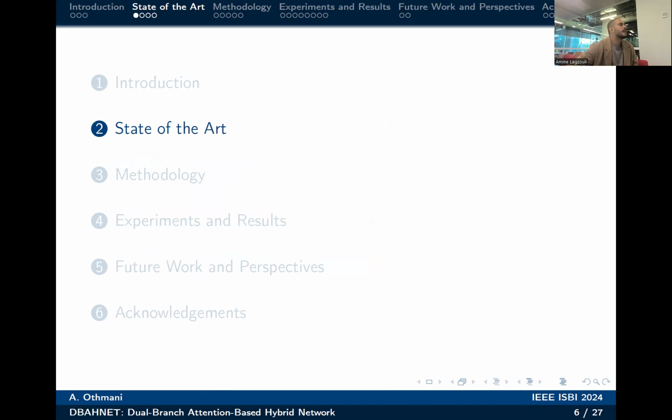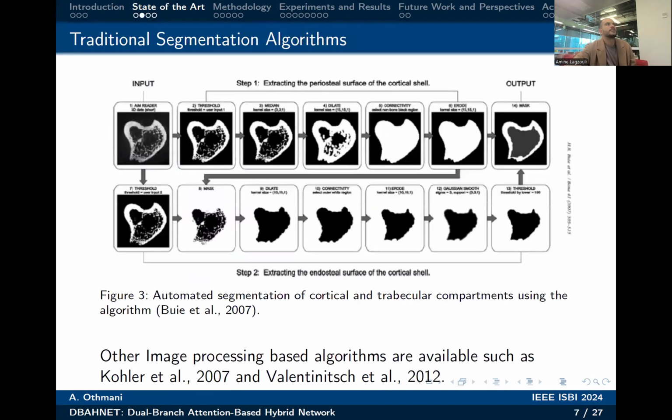So for the state of the art concerning the segmentation of trabecular and cortical compartments, we have the traditional segmentation algorithms that are based on morphological filtering and other image processing approaches, which are very effective up to this day and still very much used in commercial software such as CTAn and Bruker software.